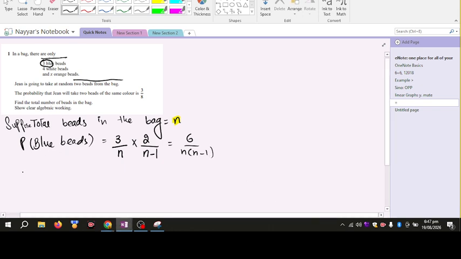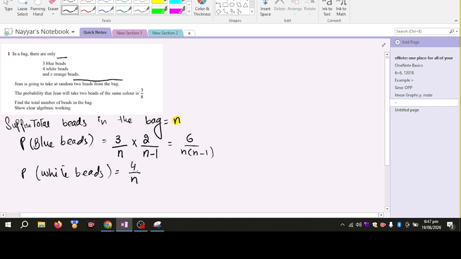Now, let us find out the probability of white beads. As it's mentioned, the same color, in both attempts we are going to take out white beads. There are 4 white beads, so the probability of taking out the first white bead is 4 by n.